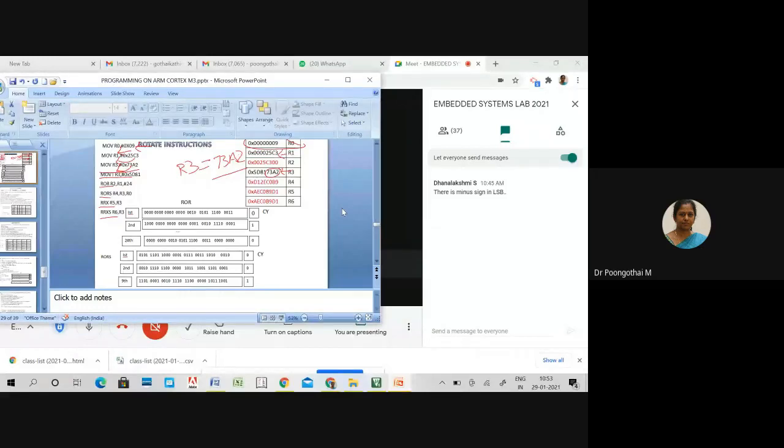Yeah, tell me. Ma'am, to load the value on the upper side. After execution, what will be the content of R3? Please tell me. 32-bit content will be saved in it. Tell me the exact answer.